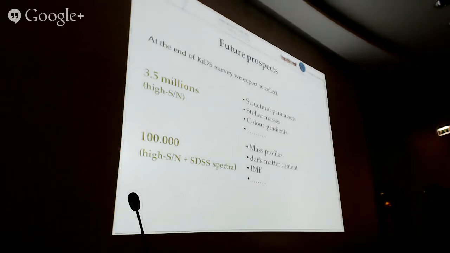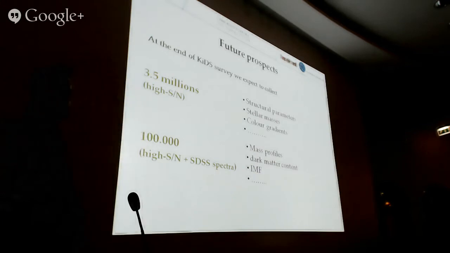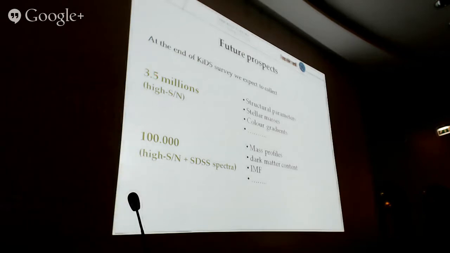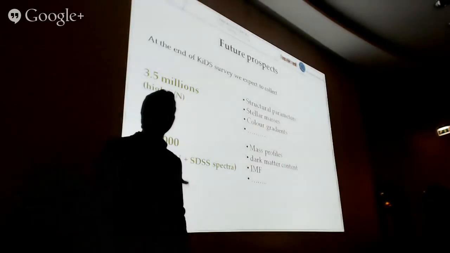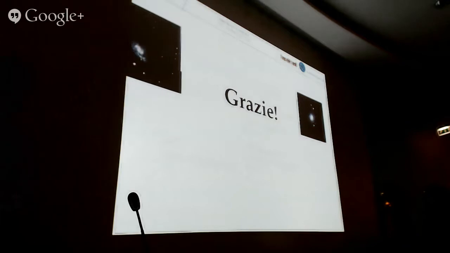And with a sample with a coverage of SDSS spectra, we are going to analyze dynamics in the central region, dark matter content, initial mass function, the mass profile of galaxies. Finally, I want to stress that probably with this big sample we are going to have one of the biggest samples with measured structural parameters in the u, g, r, and i bands at redshift smaller than 0.5. And thank you for the attention.